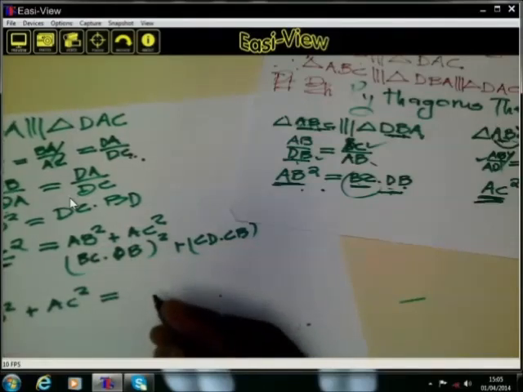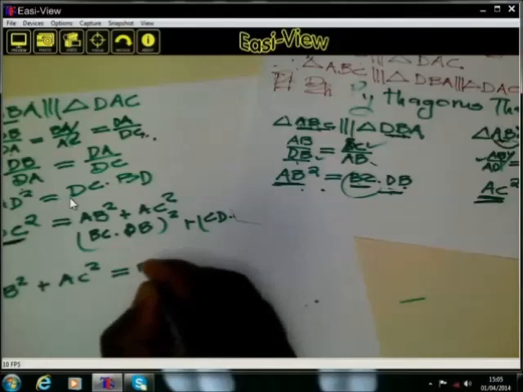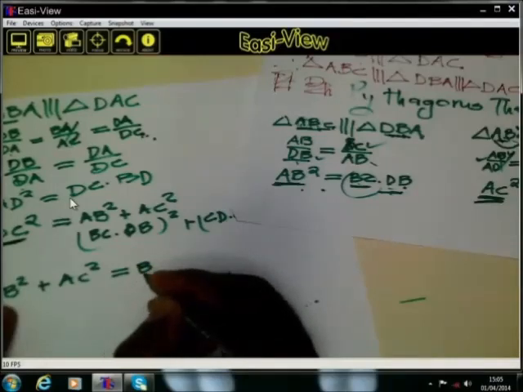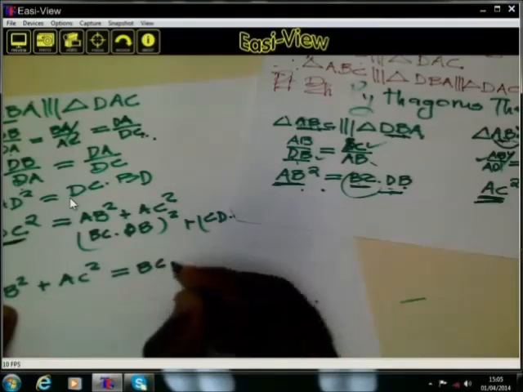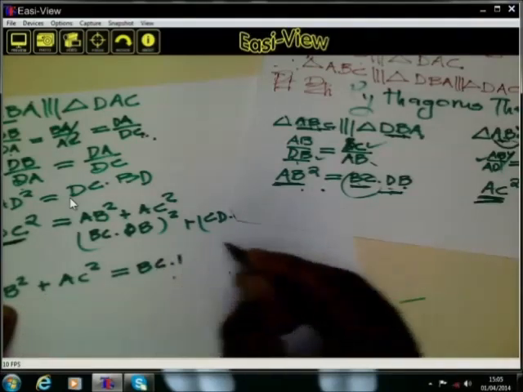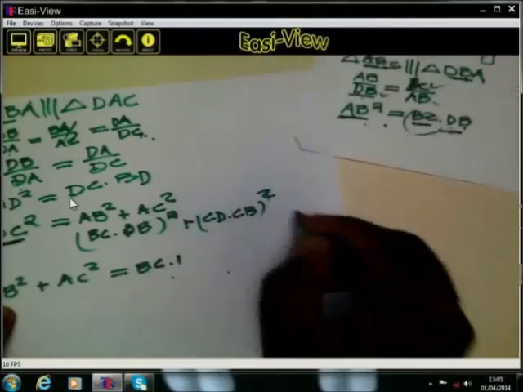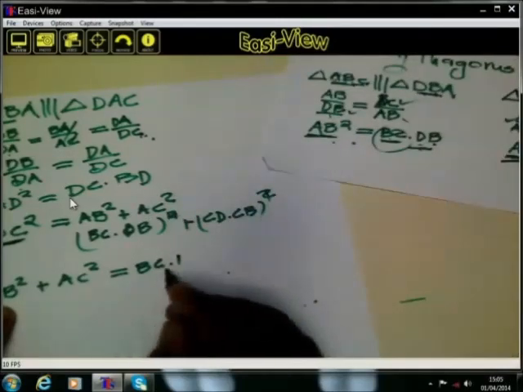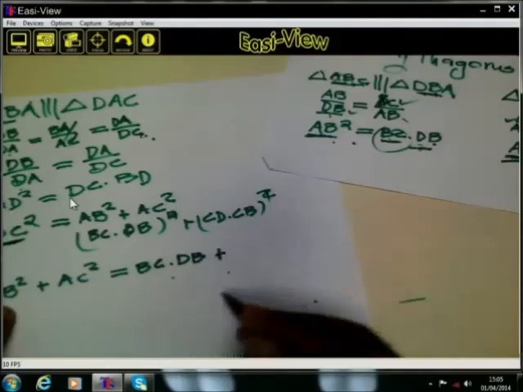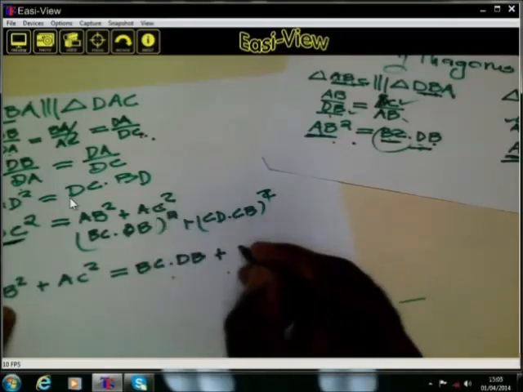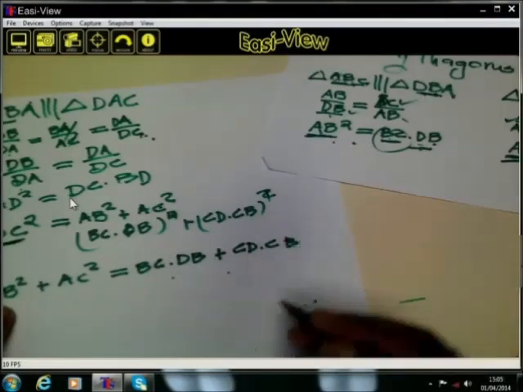Remember my AB squared was BC multiplied by DB, plus AC squared is CD multiplied by CB.